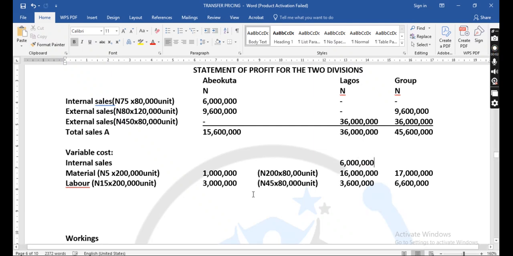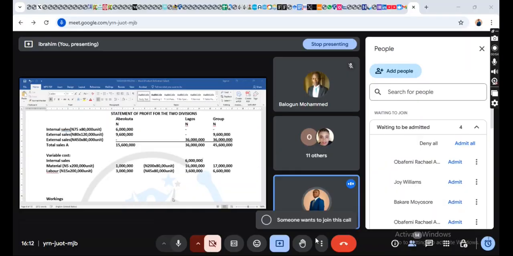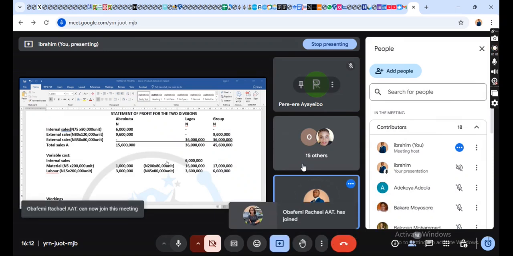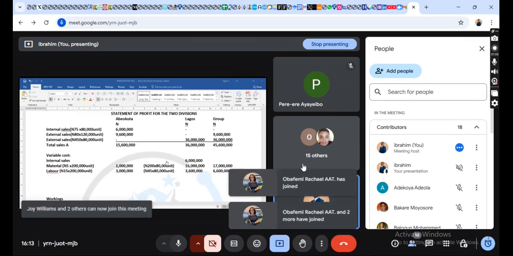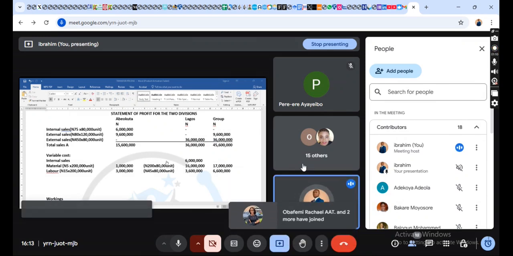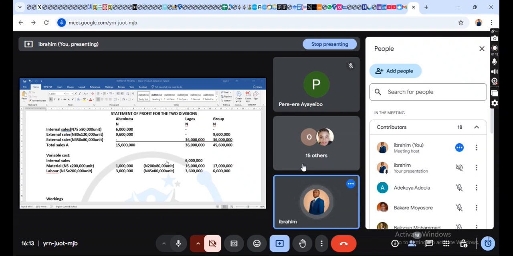Please always bring in that first so that we don't forget. This is very important. Always bring in that internal sales, so that it will become a cost to the buying division, while it is revenue to the selling division.